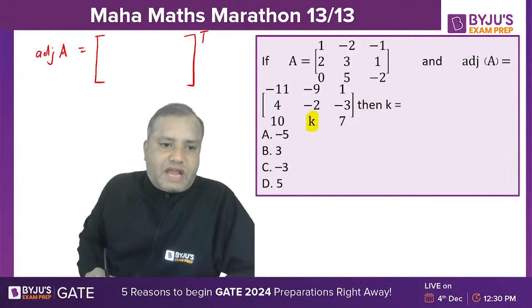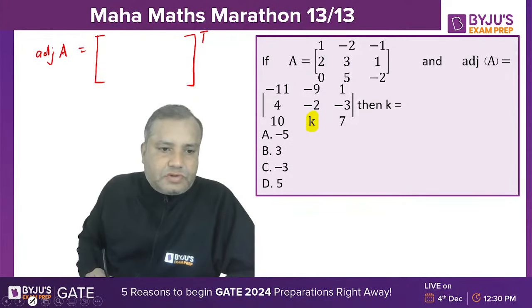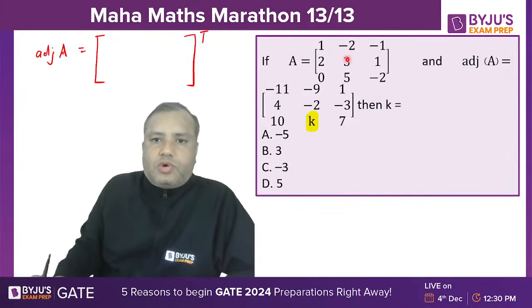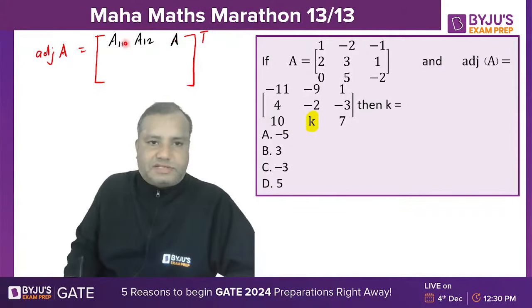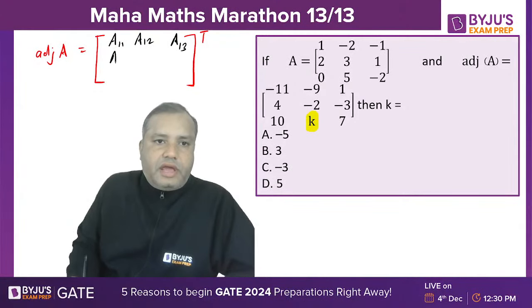So the cofactors of this matrix A can be written as A11, A12, A13, A21, A22, A23, A31, A32, and A33.